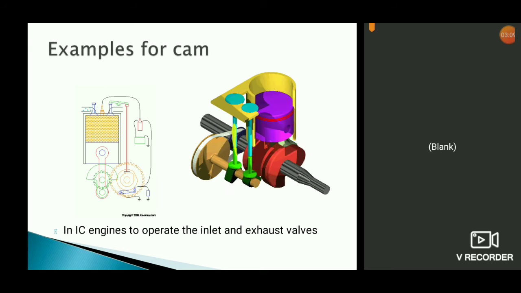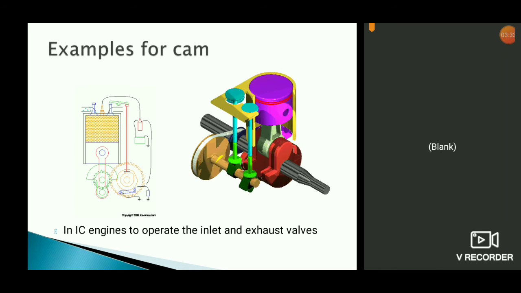The timing of opening, how long this valve should be opened and how long it should be closed, is based on designing the cam. You can see the cam here, with a protruding kind of thing there. It depends on how much duration you want it to open or how much duration you want it closed.